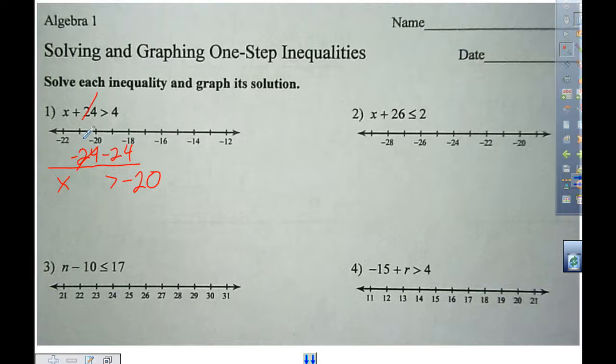Is negative 20 an actual solution though? No. So therefore you need an open circle, right? Negative 20 doesn't actually solve this. And it's greater than, so it's everything bigger than negative 20. So 16, negative 14, all those are bigger than negative 20.